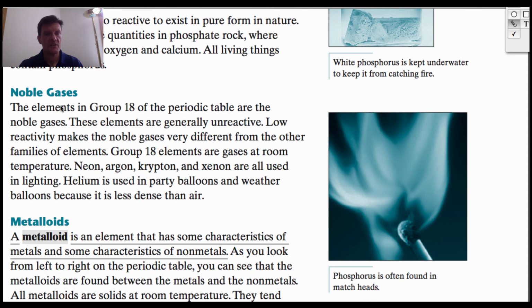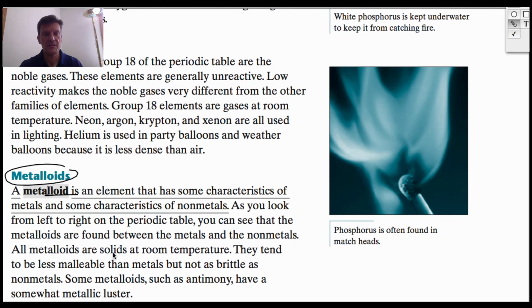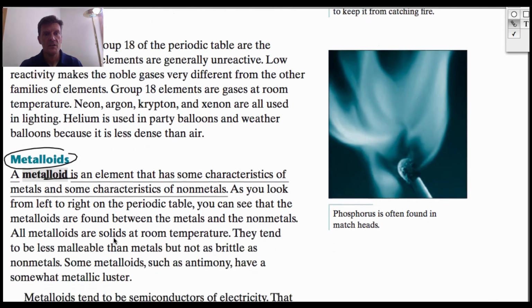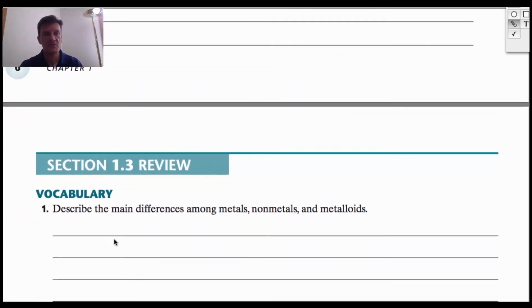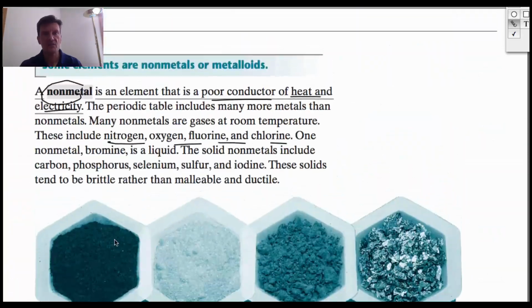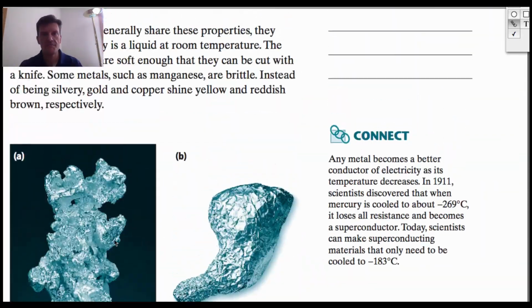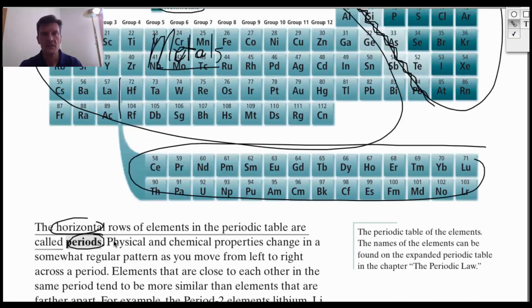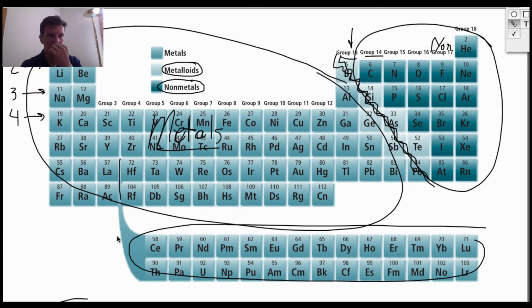One last thing here. I mentioned metalloids, right? Metalloids are the stair-step border in between the metals and nonmetals, and those have characteristics of both, depending on what temperature or how they are treated. These different families or groups sometimes are broken into these different columns, I should say, and they're given different names.